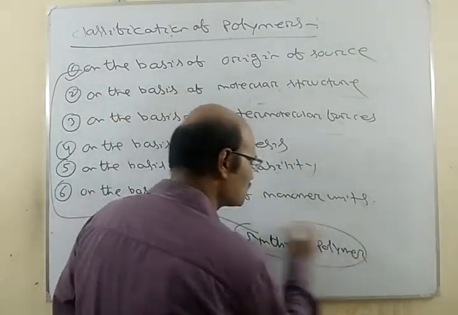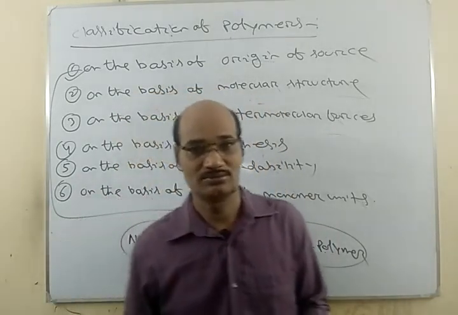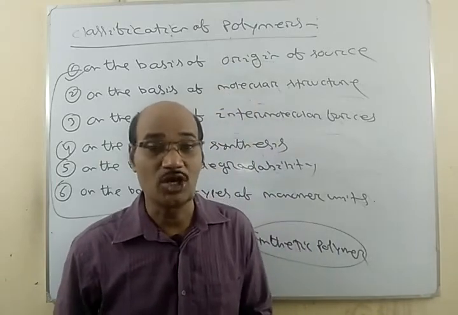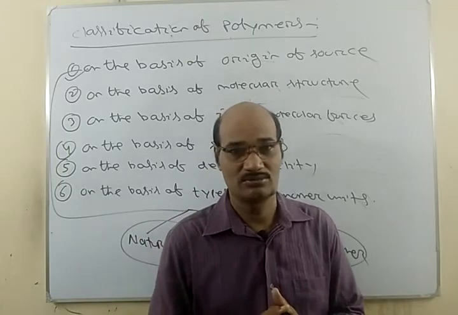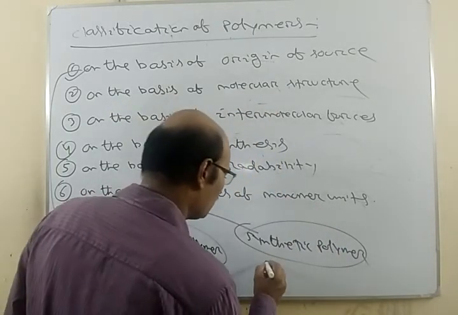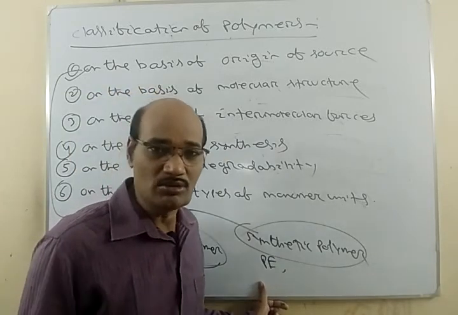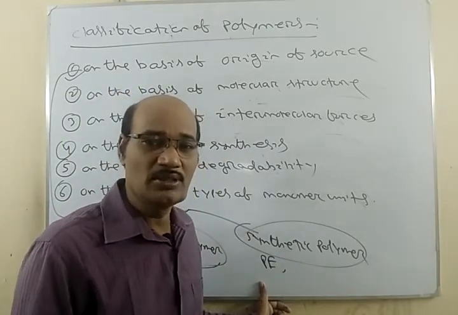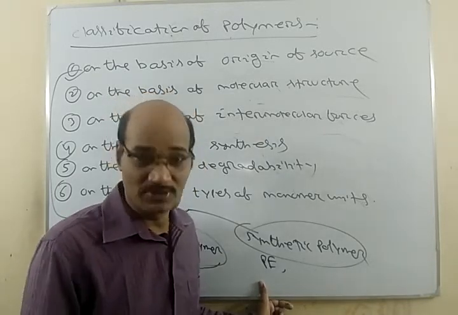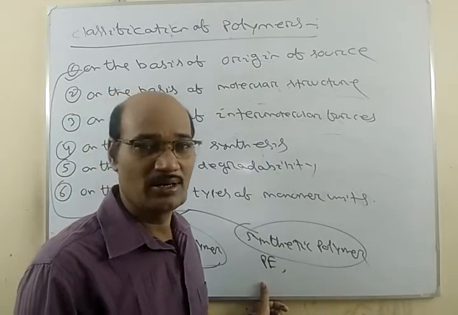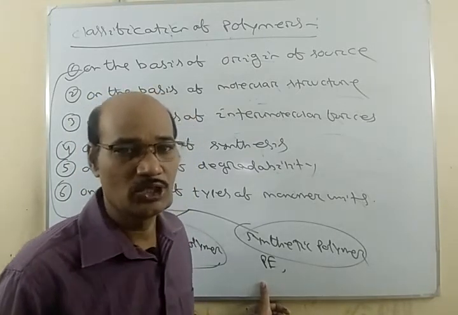Now what are synthetic polymers? Those which we are synthesizing in the laboratory or manufacturing in the industries are called synthetic polymers. For example, polyethylene. Polyethylene is one of the most widely used carry bags. Nowadays it has become a bane, but till date we are using polyethylene.